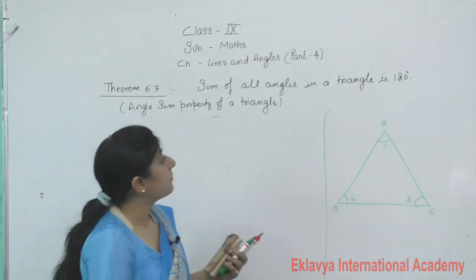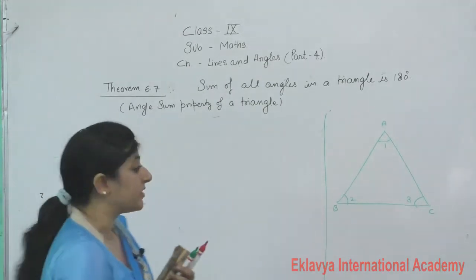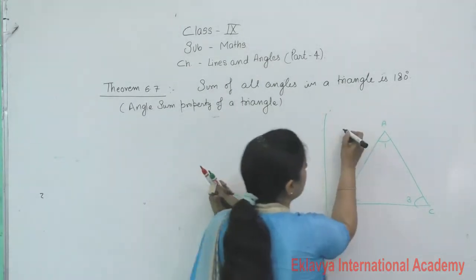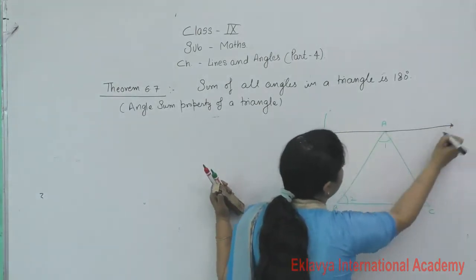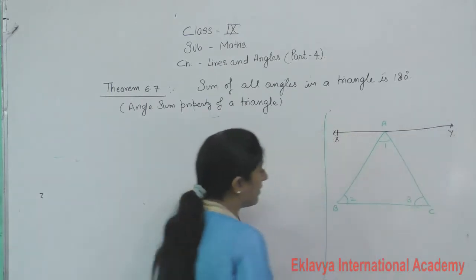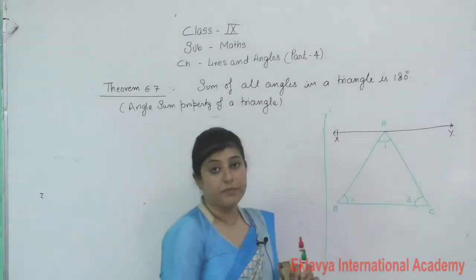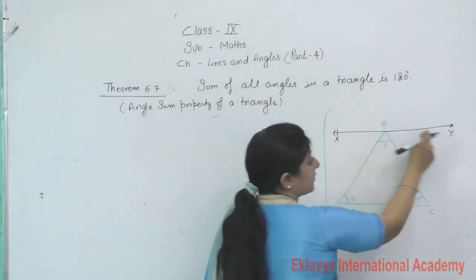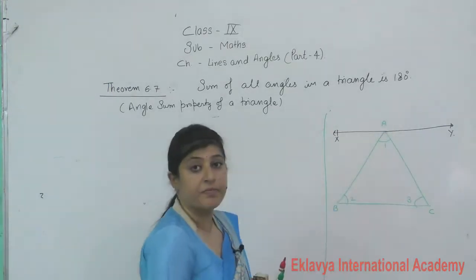In this theorem, to prove it, we have to do one construction. Which type of construction? We take a line XY which is parallel to BC and passing through A.